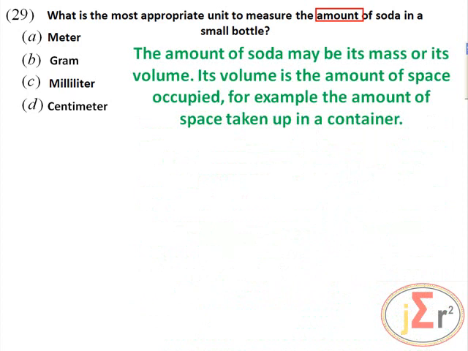The amount of soda may be its mass or its volume. Its volume is the amount of space occupied. For example, the amount of space taken up in a container. The amount we are talking about may be gram or maybe milliliter.